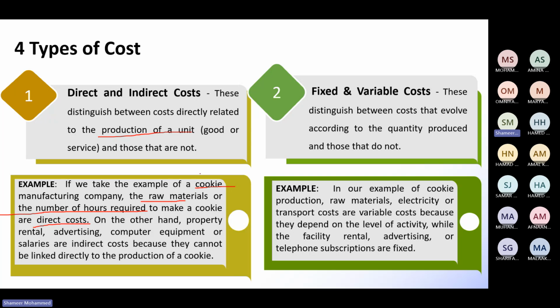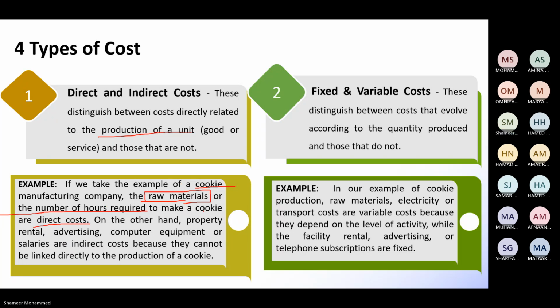That is, to buy the raw materials, you buy the sugar, you buy the dough, you buy the flour, you buy some other ingredients, color, chocolate, etc. And you prepared that for 8 hours or 6 hours. You have to calculate those things. It will come down to the value which is known as direct cost.